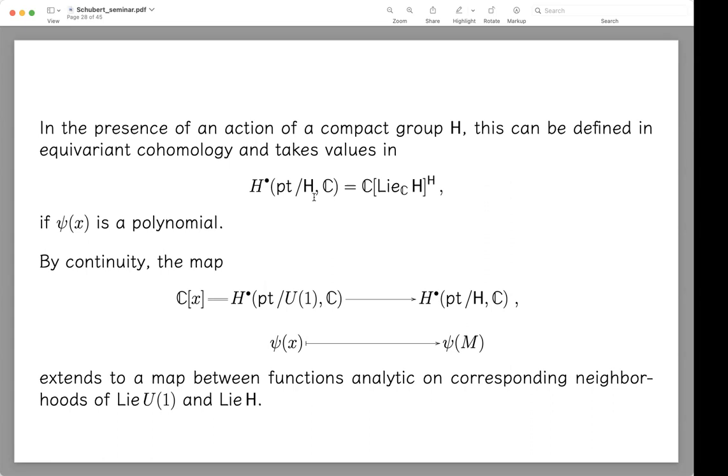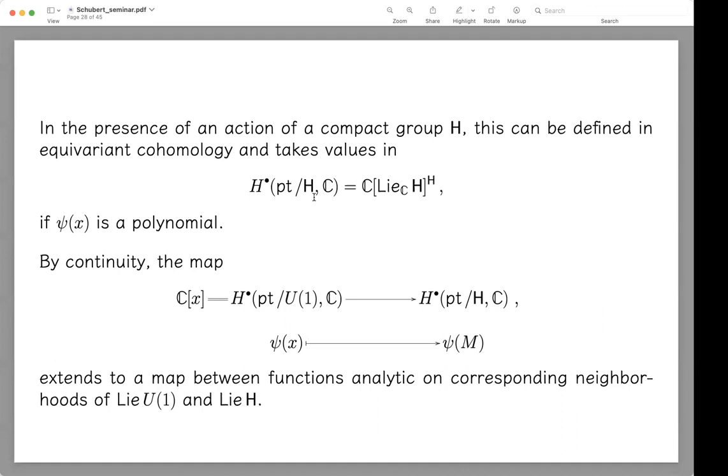But if you start with some other, say, analytic function, you get an analytic function in the region of analyticity, in the neighborhood of the Lie algebra of the maximal compact. You think of a function of one variable as having to do with the group U1.